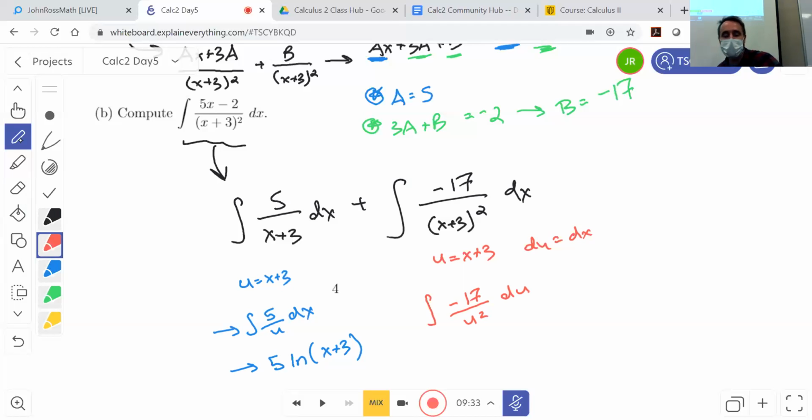The only difference here is that instead of jumping immediately to the ln, as we've probably gotten used to for these kinds of problems, here this is the integral of negative 17 u to the negative 2. Not ln, but this becomes negative 17 times u to the negative 1 divided by negative 1, which we can rewrite as positive 17 over x plus 3.